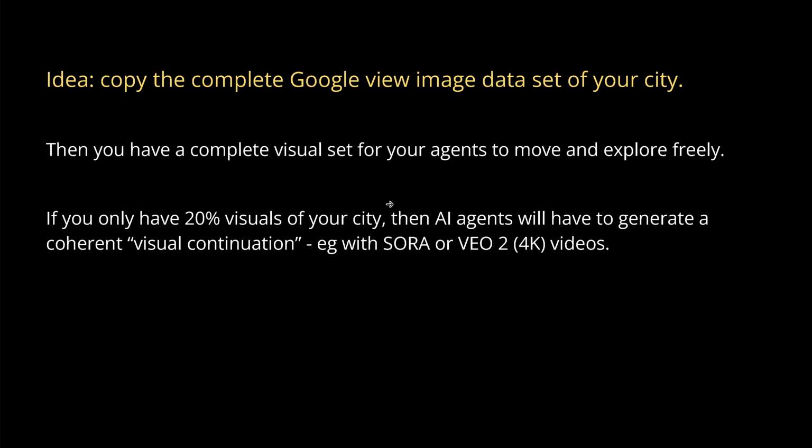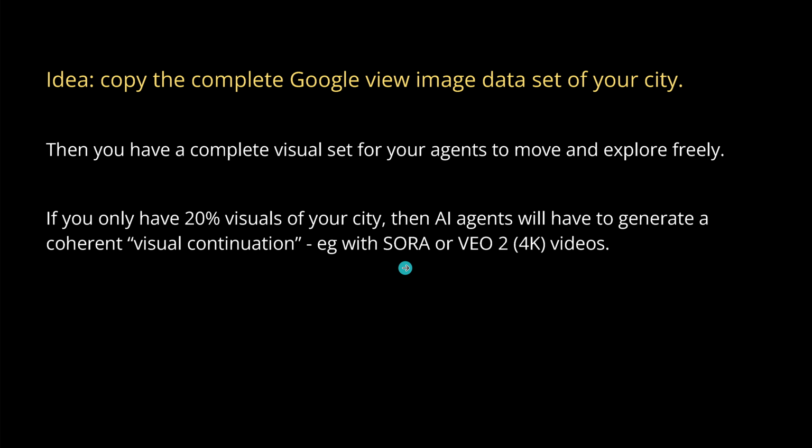Complete streets are missing. But then our AI agents, moving freely or doing some task, having a challenge, will have to generate a coherent visual continuation. And since our AI agents now have a velocity, they are dynamic in our virtual three-dimensional world. They have to generate their environment as they move.